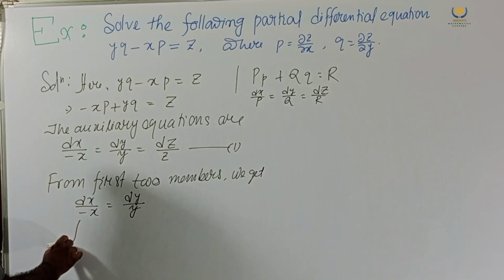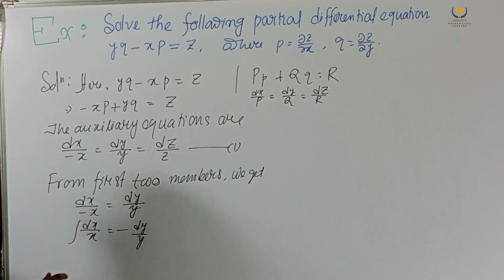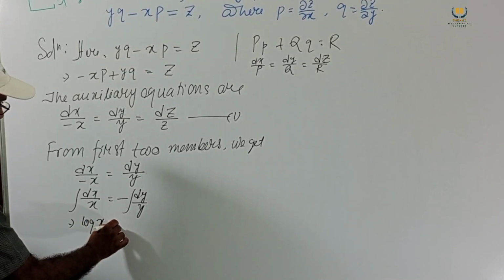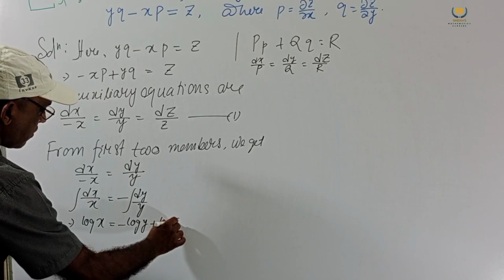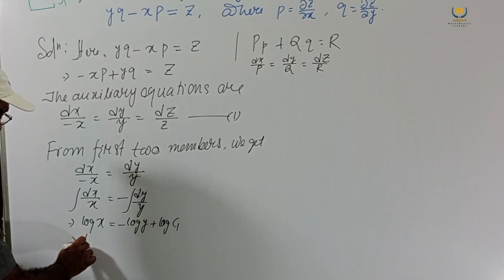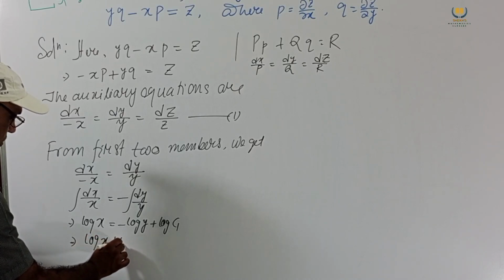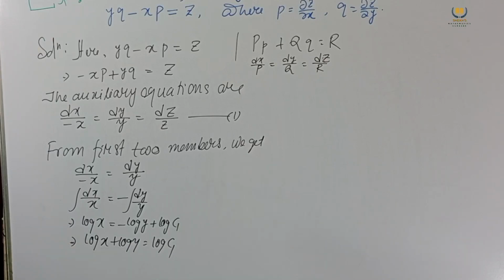We integrate both sides: dx/x and, taking the minus to the right-hand side, −dy/y. If we integrate, dx/x means log x, dy/y means log y, and we consider the constant as log c1. So log x + log y = log c1.